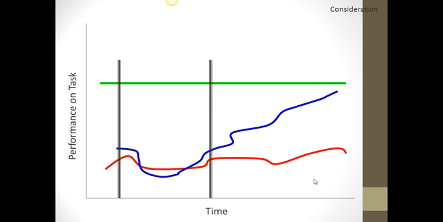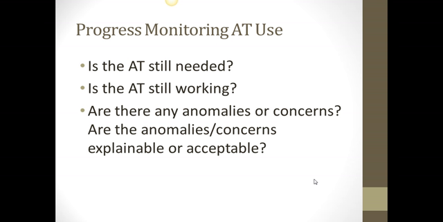And during the consideration phase, that frequency is probably much more frequent. So I may be doing 2 to 3 measures with assistive technology a week and 1 measure without over a 2-week period. When I move into progress monitoring, now the student has the assistive technology.